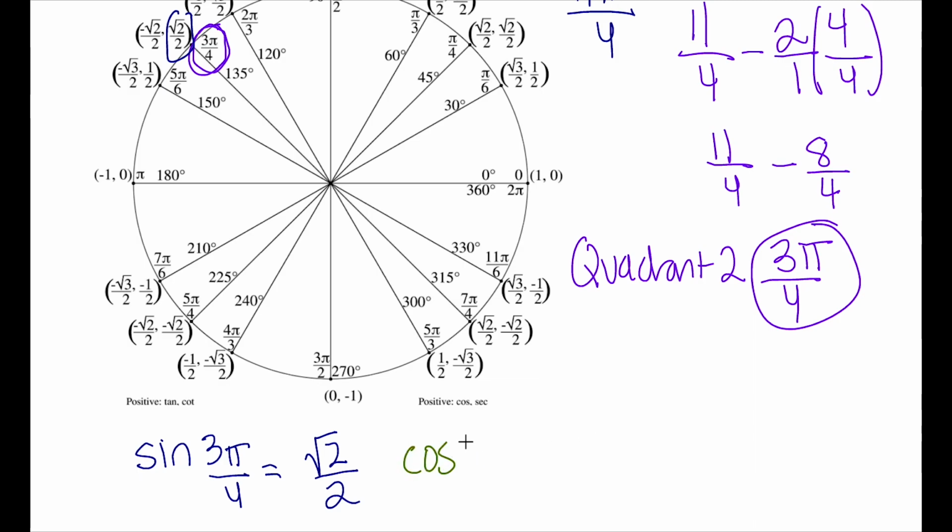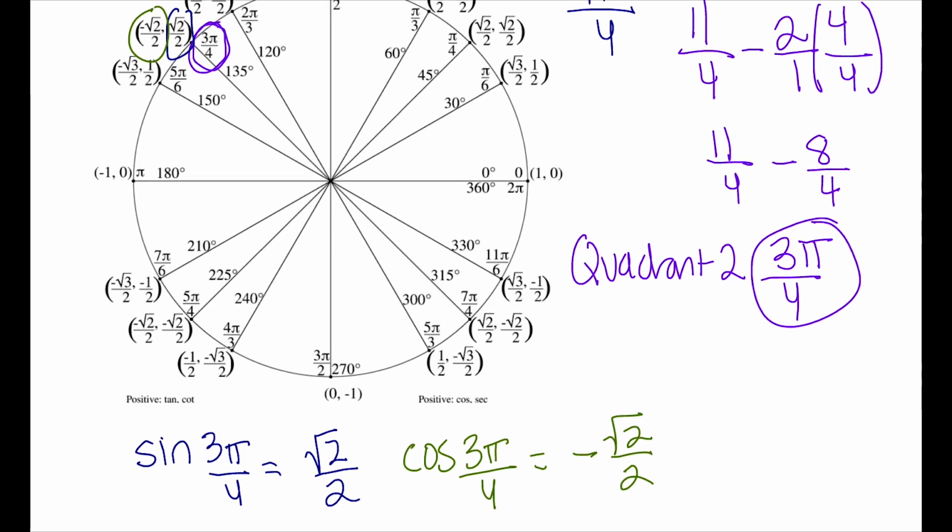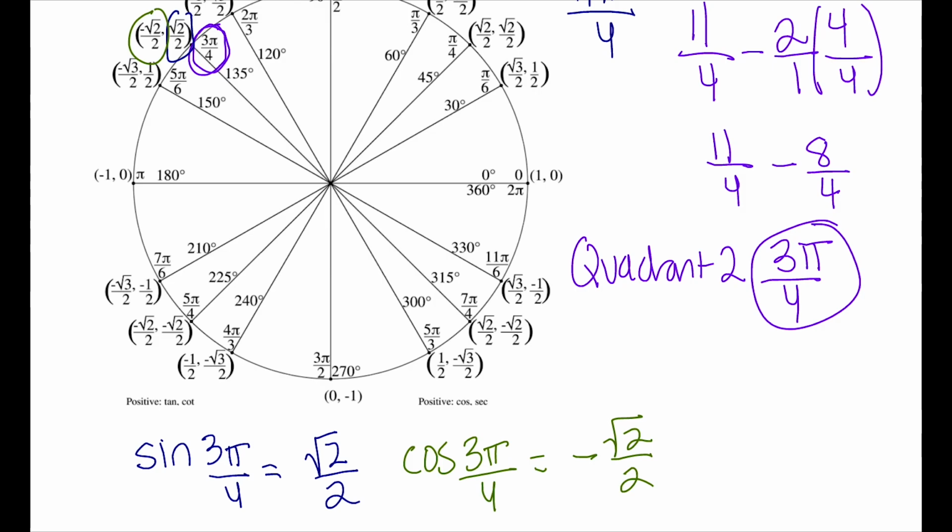Cosine is our x-coordinate, which is negative root 2 over 2. The tangent is sine over cosine.